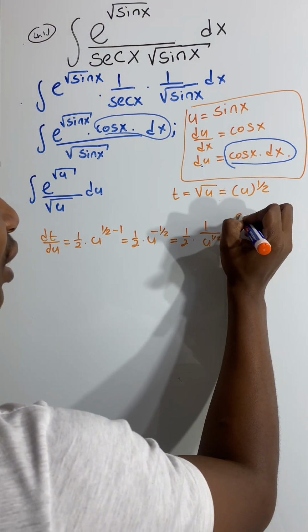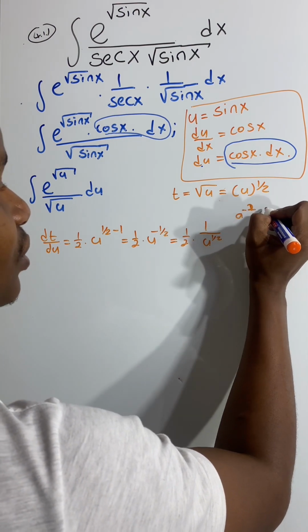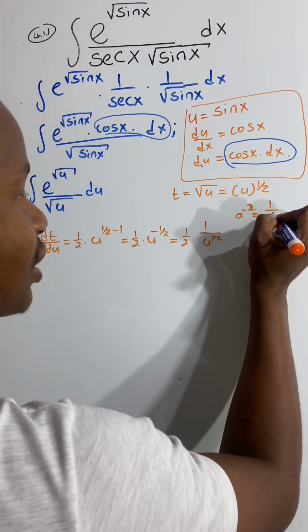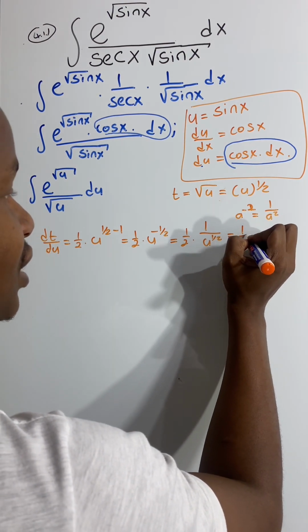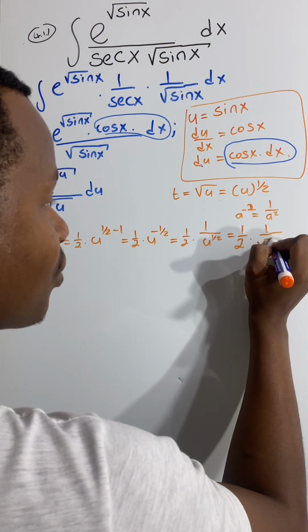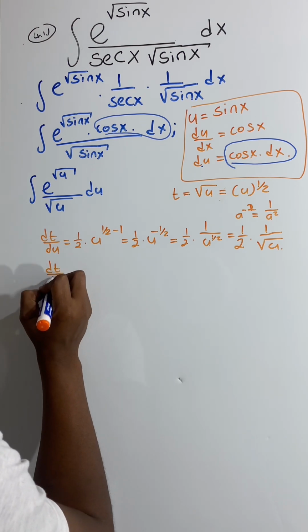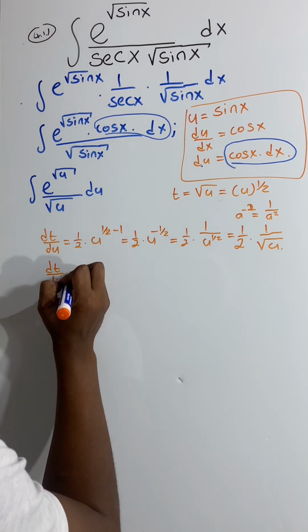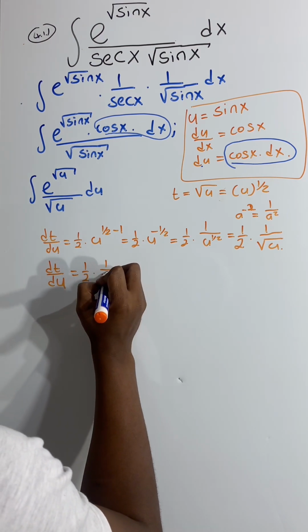We know that a to the power negative 1 is just the same as 1 over a, and this can be rewritten as 1 over 2 multiplied by 1 over the square root of u. So dt over du is equal to 1 over 2 multiplied by 1 over the square root of u.